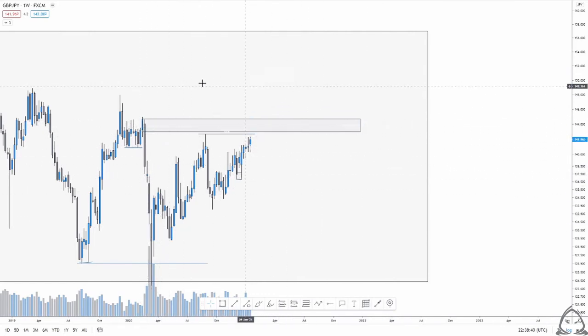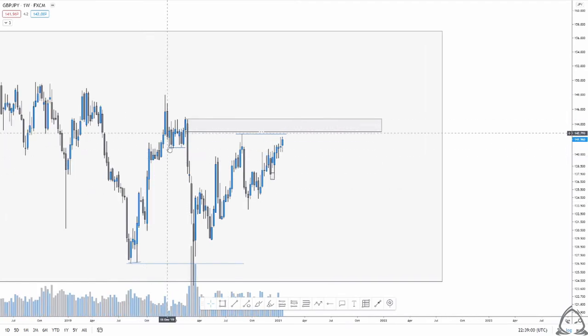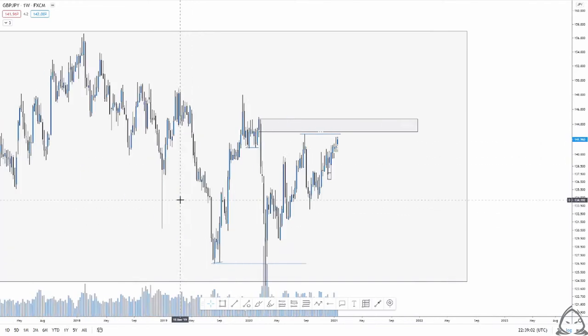Now let's look at why we've picked this block. If we look to the left, we've got this curved, arced top that hasn't really mitigated anything. It's fairly efficient. We haven't broken structure to the downside on the weekly time frame. We have formed some equal lows that have then been smashed. The liquidity has not only been swept, it's been grabbed, and the market's continued to move to the downside.